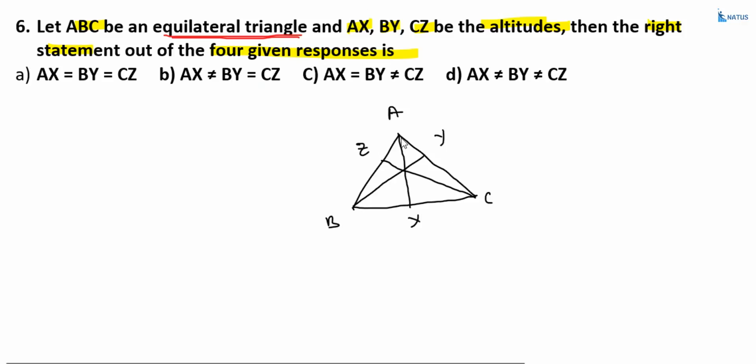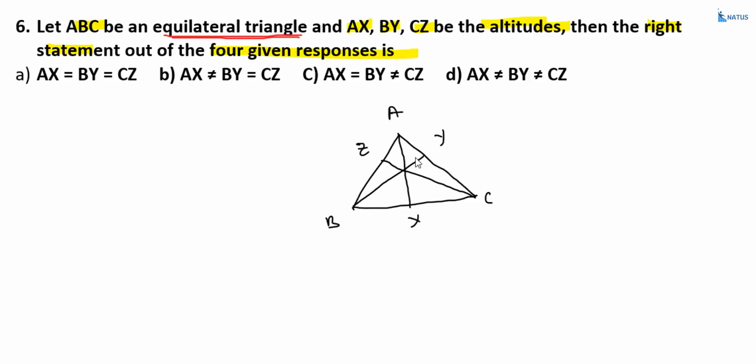What is the altitude? And is this equal to the median or not? The median is any line that passes through one vertex and the midpoint of the opposite side, right? And is this an angular bisector or not? An angular bisector is a line through one vertex which divides the angle equally. So all are equal or not?